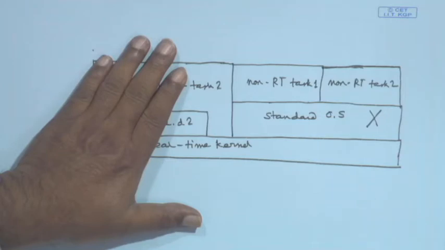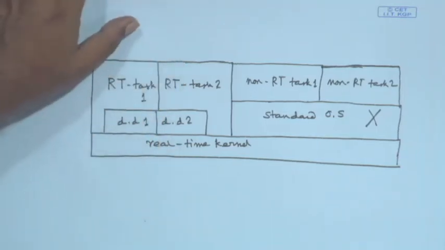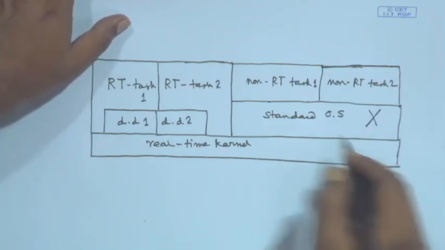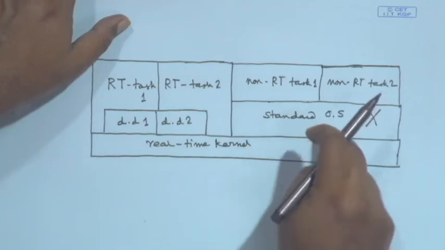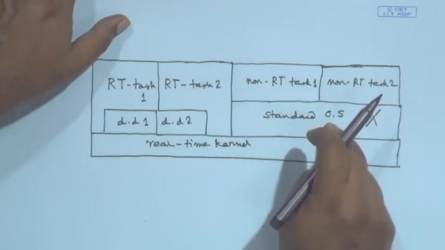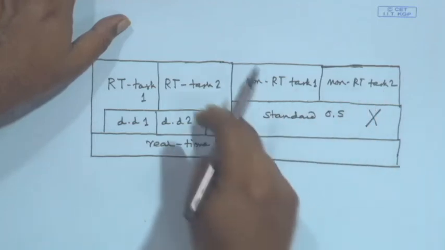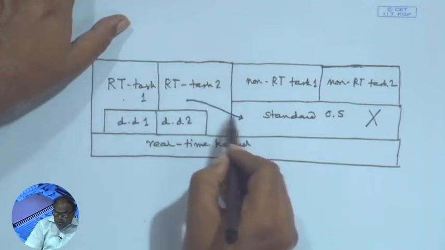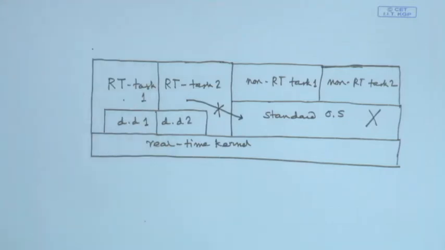Okay. The disadvantage is that there are some facilities or functionalities given in the standard OS, but the real time tasks cannot access those functionalities. That is a downside of this. Okay.